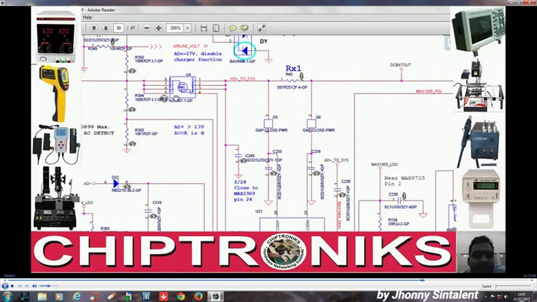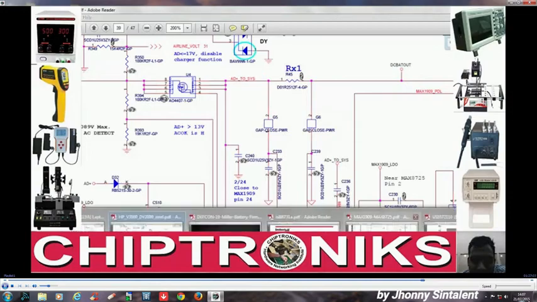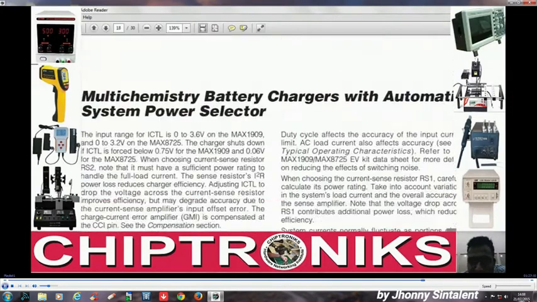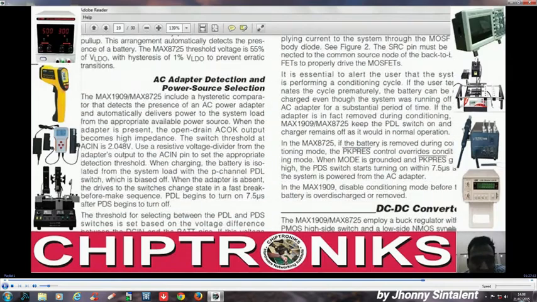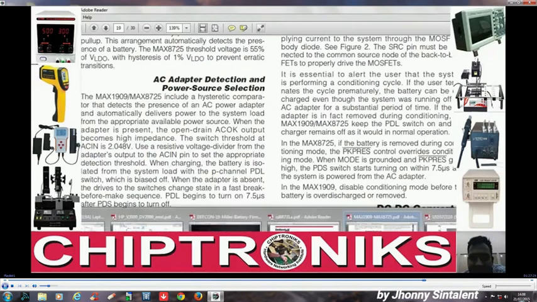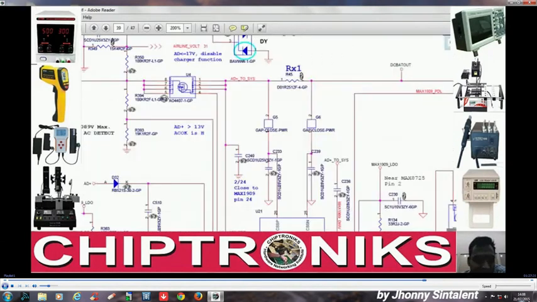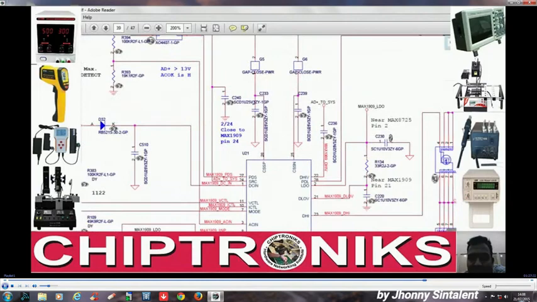Let's go over here, to AC adapter detection and power source connection. You can see when the adapter is present, the open drain AC OK output becomes high impedance. As I said, if the adapter is present, then this AC OK will become high.